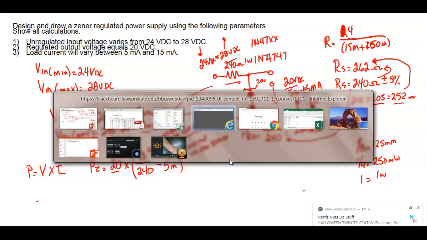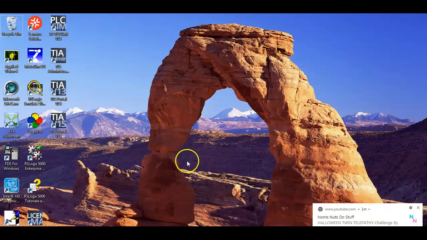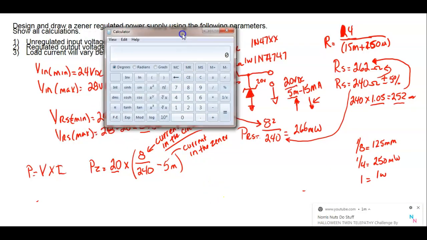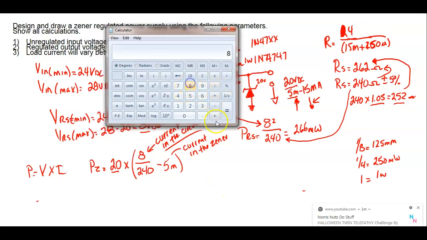And I came up with a negative value, which means that can't be right. Eight divided by 240 equals that, right? Minus what? 0.005.